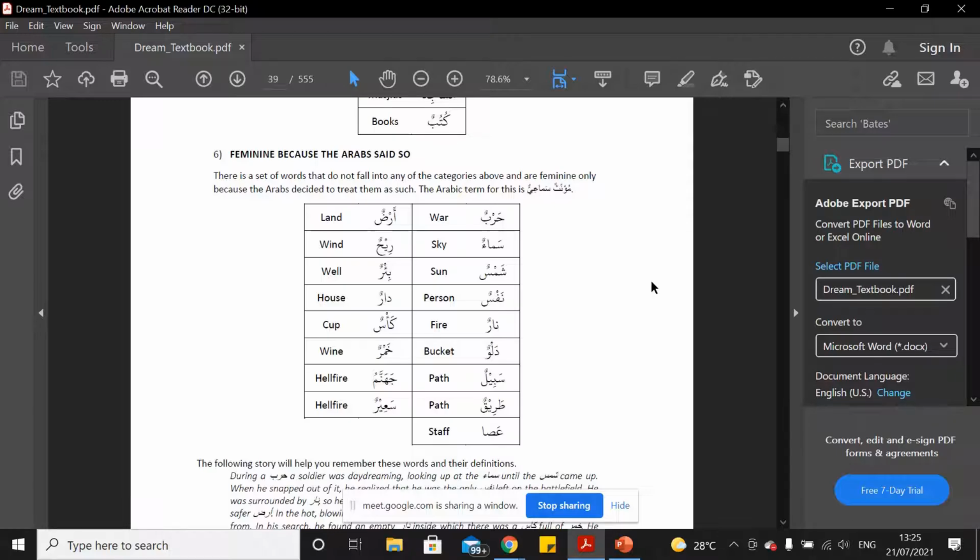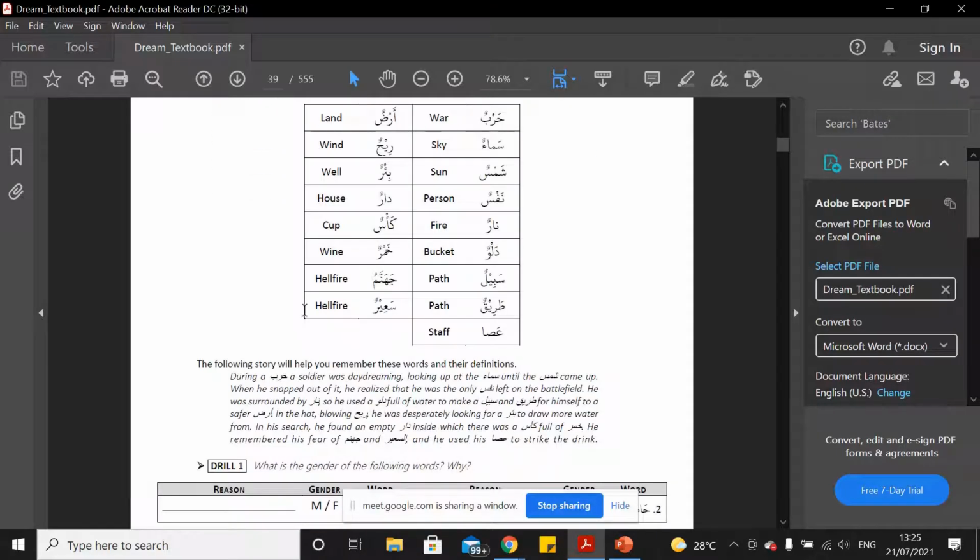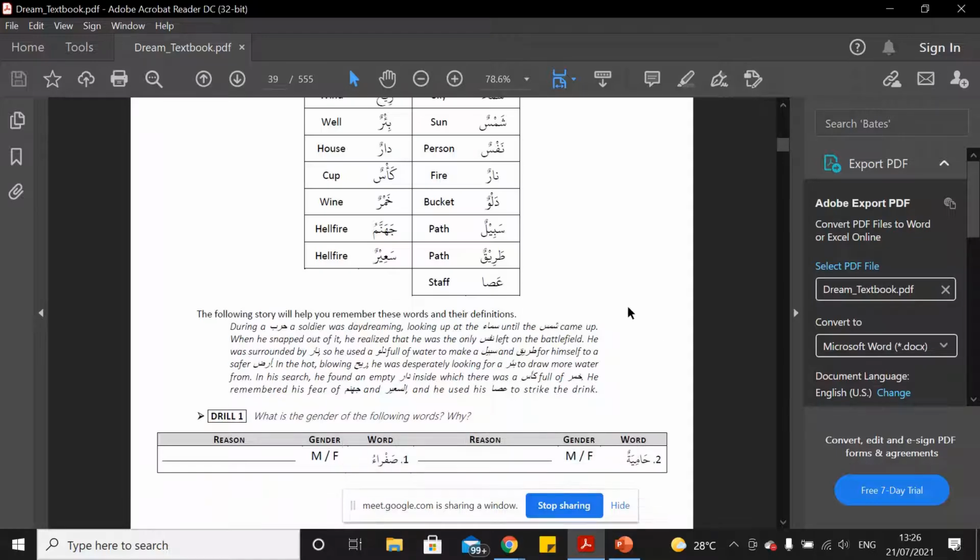Asa for staff, ardun for land, rihun for wind, bi'run for well, darun for house, ka'sun for cup, khamrun for wine, jahannam for hellfire, sa'irun is also hellfire. These words will be grammatically treated as feminine. The Ustad has come up with a short story, and if you memorize it, it will help you remember all those words.